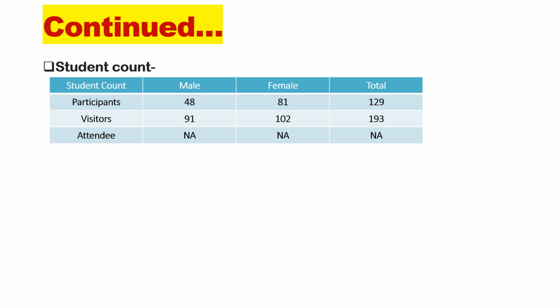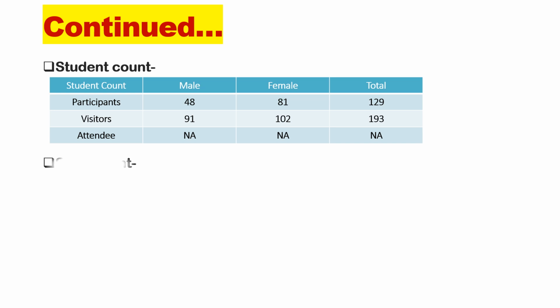So in my competition, that is the poster presentation competition, some students have participated and some students have only visited the competition, and therefore I have used the participant row and visitors row. There is no attendee for the same, and therefore I have mentioned that as not applicable, NA.